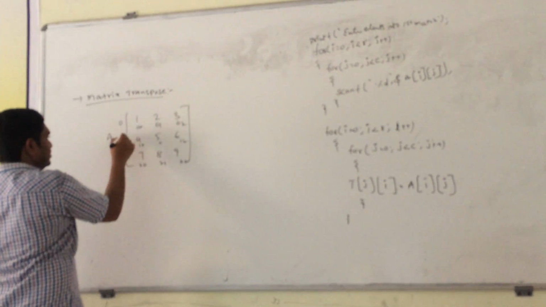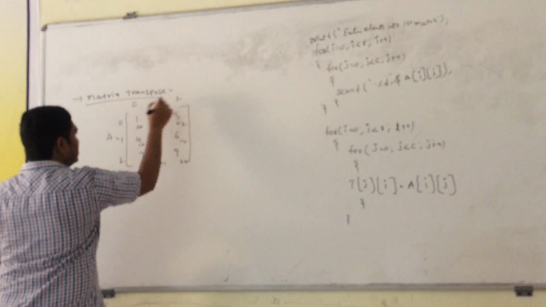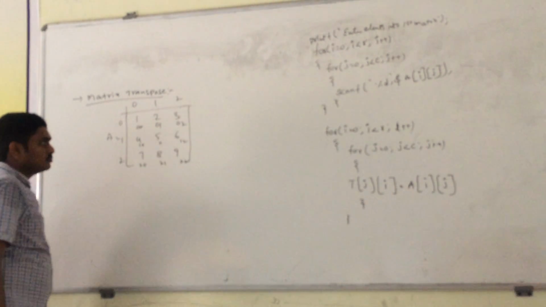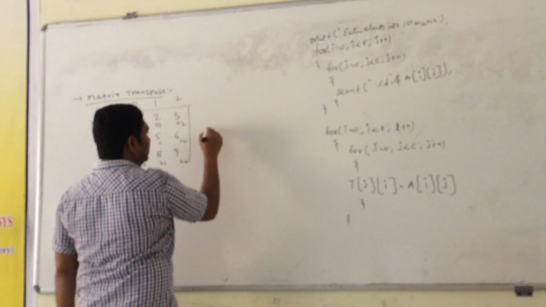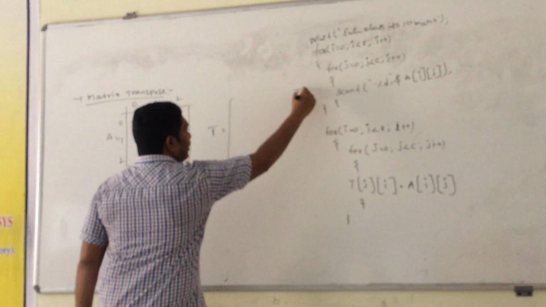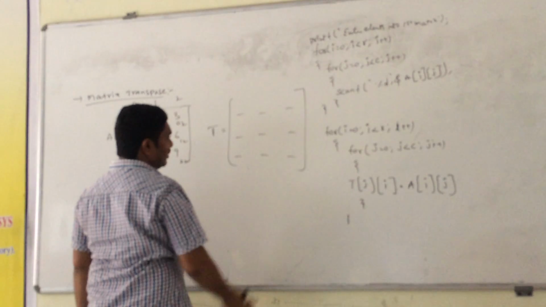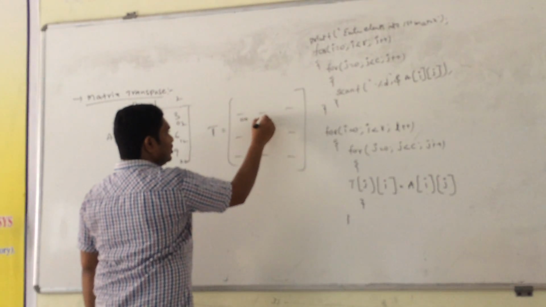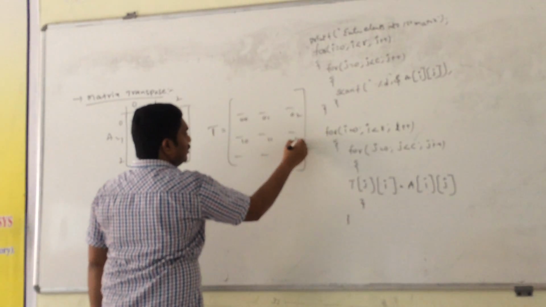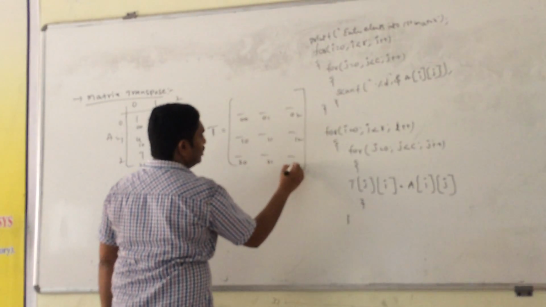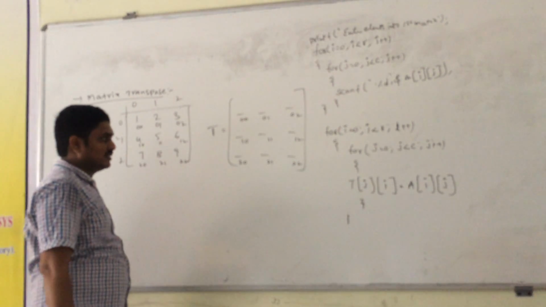That is, this is the 0th row, first row, second row, and 0th column, first column, second column. So this is the empty transpose matrix T. Here also 3 rows and 3 columns, empty positions. These are the positions 0,0; 0,1; 0,2; 1,0; 1,1; 1,2; 2,0; 2,1; 2,2. So this is the transpose matrix at first.